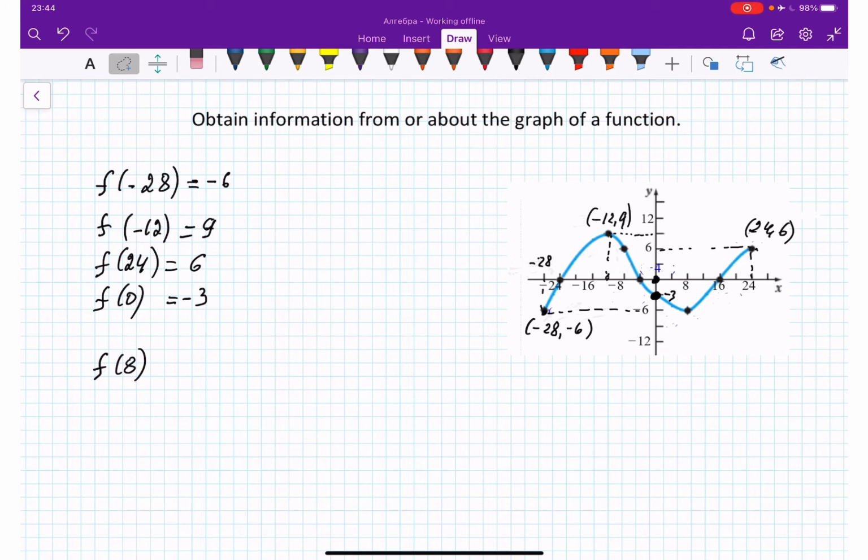Positive 8, here. Right? This is our positive 8. And f of 8 is going to be negative, right? What else? How about f of negative 8? It's right here. It's going to be positive, right?